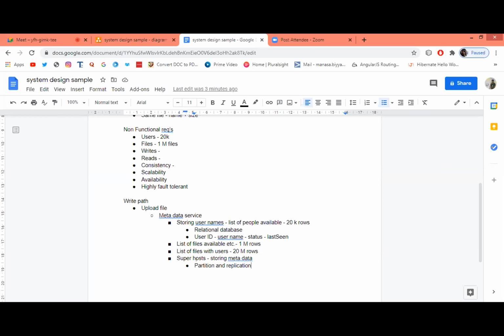So I'll write it here: some service discovery mechanism. I'll register myself, saying I want to be a superhost, this is my username and some metadata about me, so that the superhost list will be updated first.